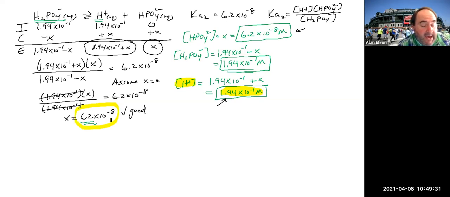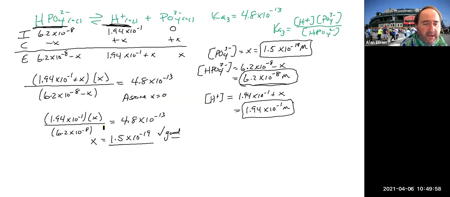We basically added only 6.2 times 10 to the minus 8, which, with rounding, pretty much means the concentration of H plus remained stable after the first H plus came off. There really was a change, obviously, but it was so small that it did not make a difference in the overall concentration of H plus. What happens when we lost our third H plus?